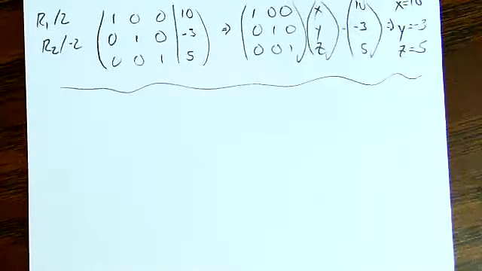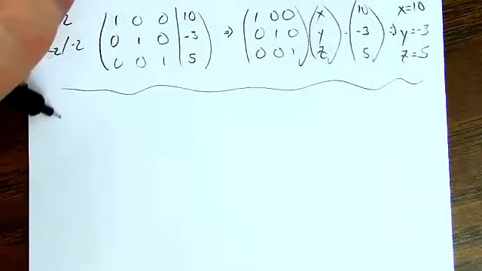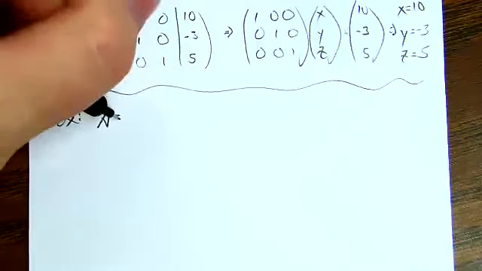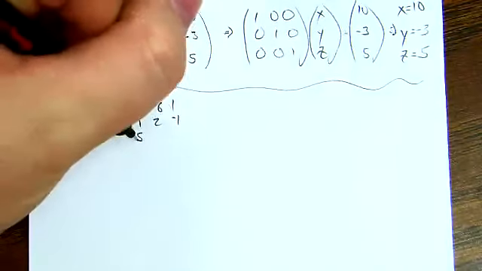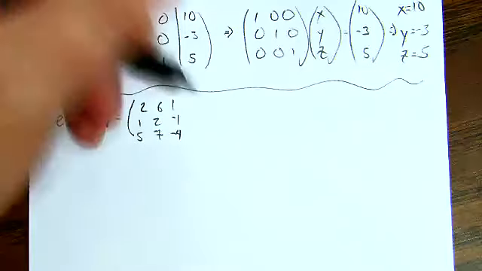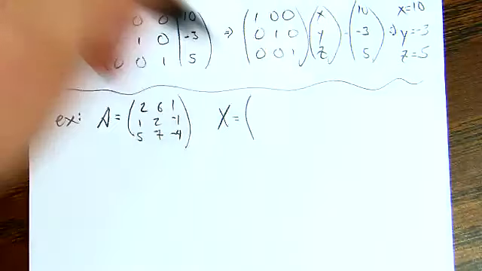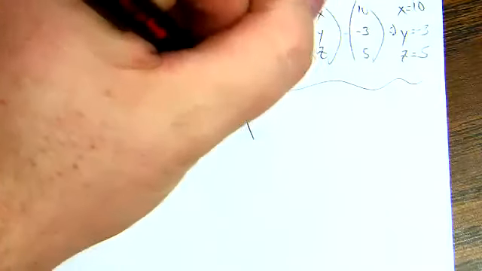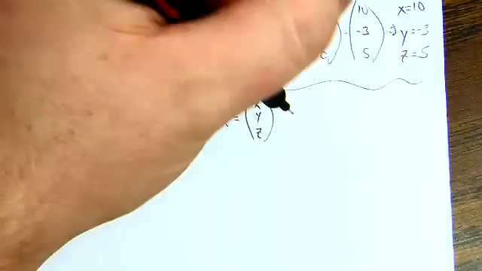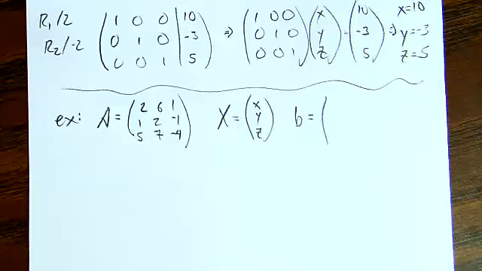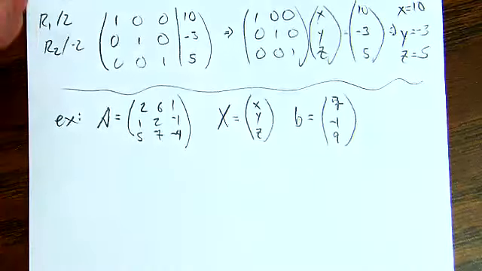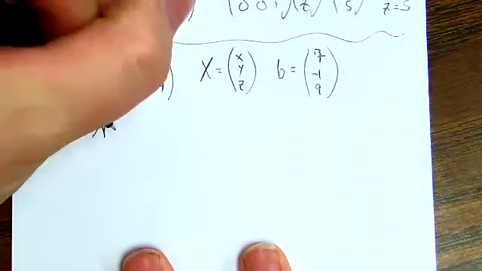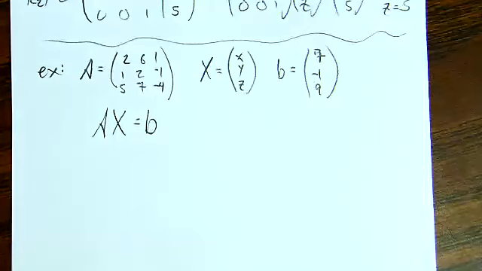I didn't really save any time here. So let's switch gears. Let's think about this differently. If I let A here be equal to the coefficient matrix 2, 6, 1, 1, 2, -1, 5, 7, -4, and if I define x here to be my column vector of variables, x, y, z, and I define B here to be the column vector of the solution, 7, -1, 9, I've turned this equation into an equivalent form of AX equals B. And you can check that for yourself.